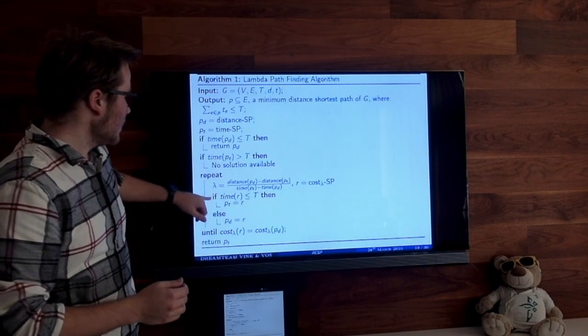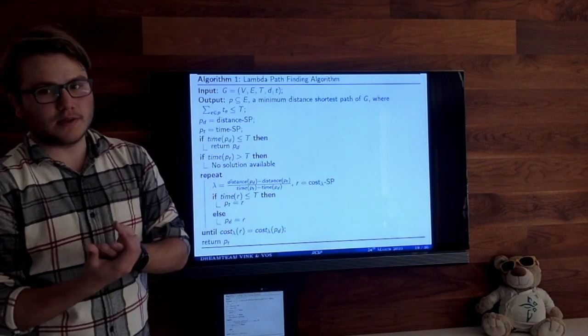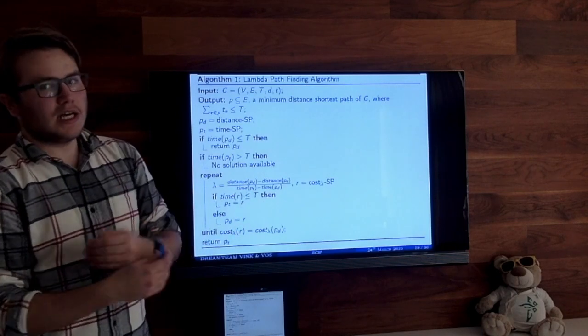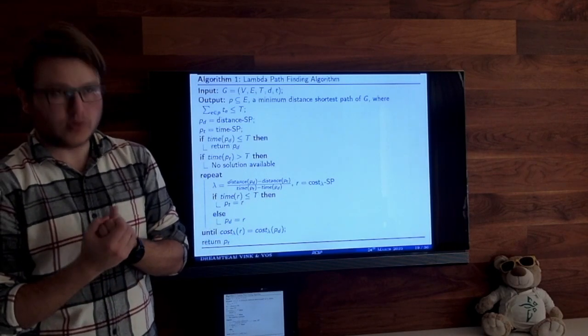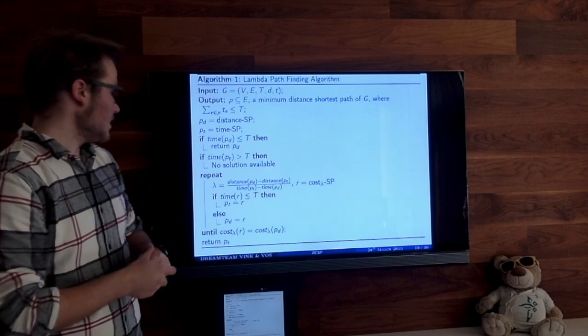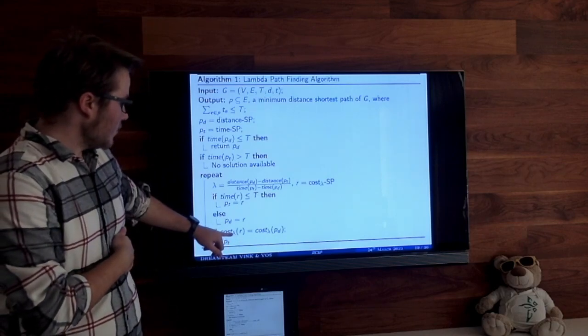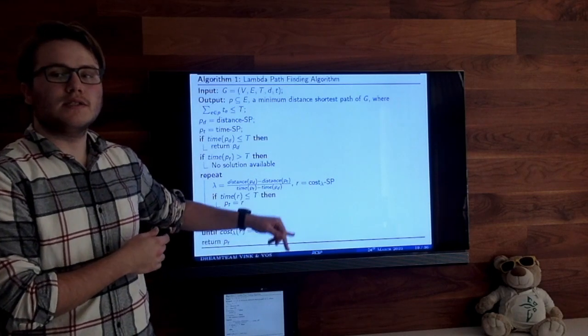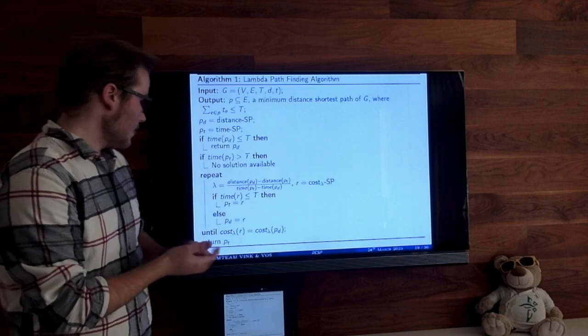And then we have the case where the time of the path r is smaller than the time constraint, and the other one is where the time of this new cost shortest path is bigger than the time constraint. And then, like we said before, where the cost condition is equal to each other, this means that the path has converged, and then we return with pt.